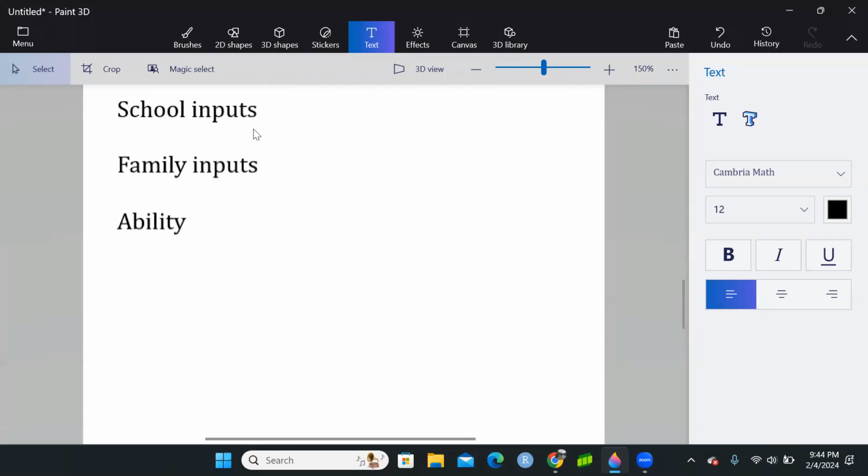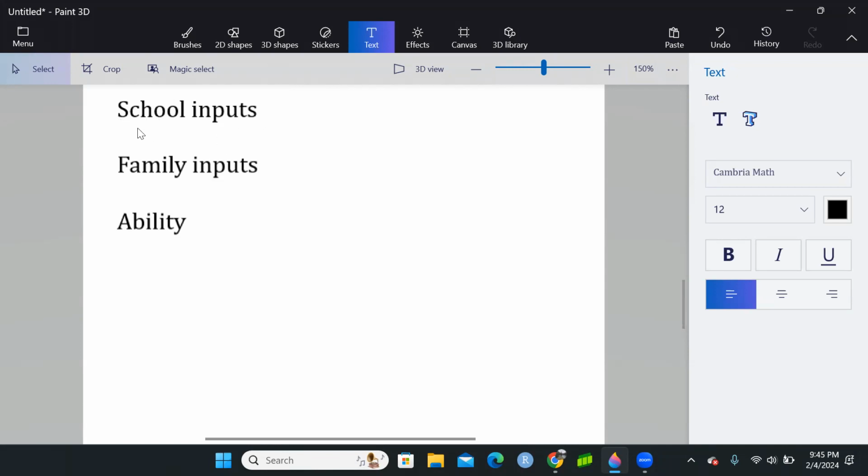And the reason this is important to think of these as one category is that these are the categories that you can reasonably think of policy being able to influence. Policy decisions can affect how much teachers get paid.